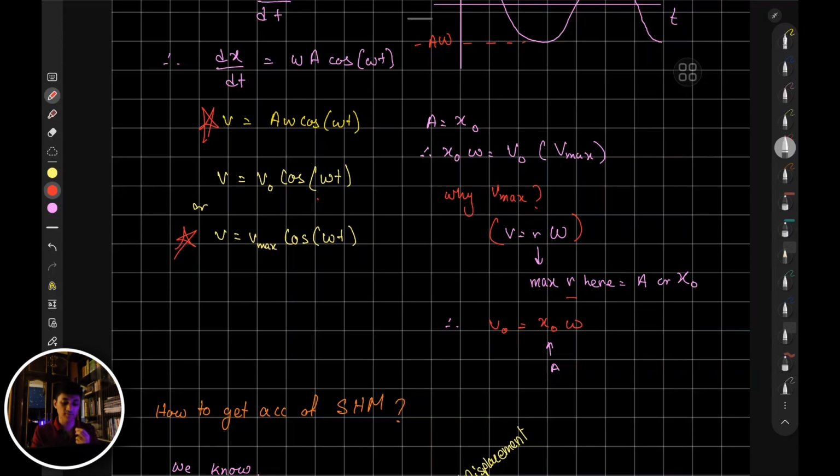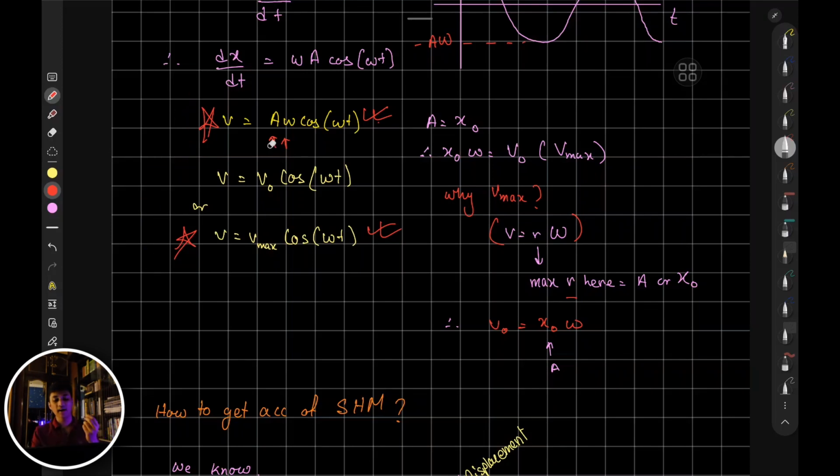These are the equations. If you have maximum velocity given, you can plug in directly. If not given, and if you have amplitude and omega, you can put in amplitude and omega and you will get Vmax. So these are the two equations. Note it down. You will need both of these equations, or just this, because you can derive this from this only.